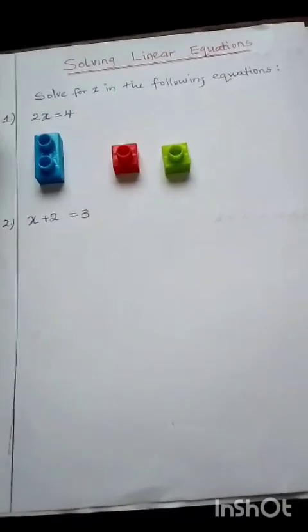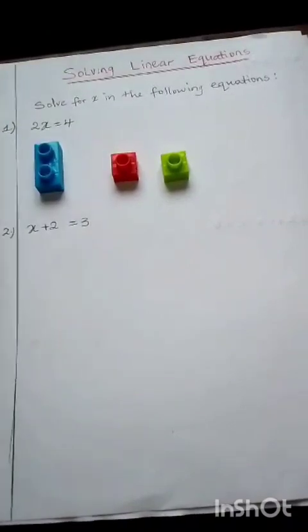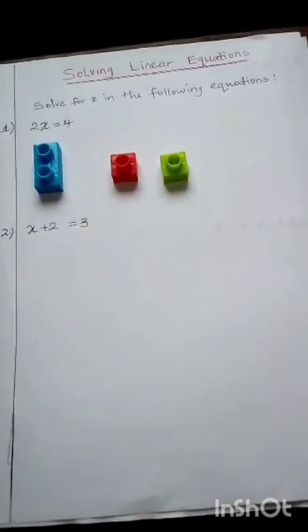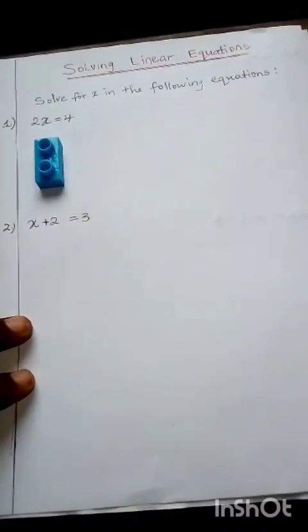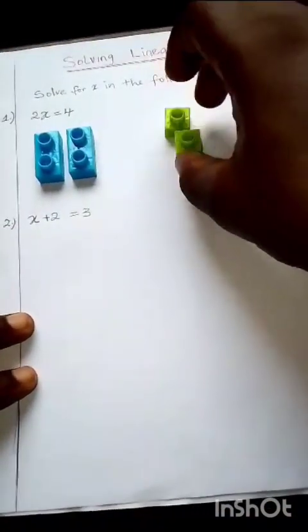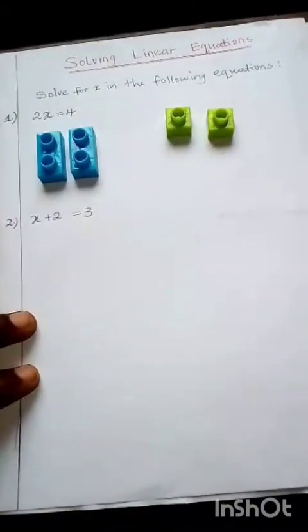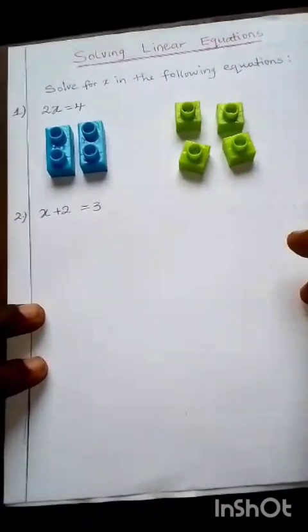The first equation to solve is 2x is equal to 4. Now how do we model it concretely? This is 1x, this is 2x is equal to 4. Positive 4 means 4 green: 1, 2, 3, 4.